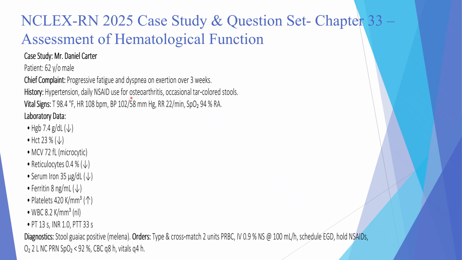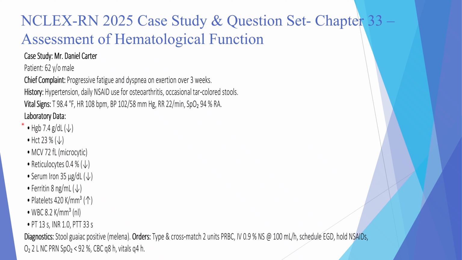This we don't know for sure, but 58 is kind of low, so a little bit of dehydration here. Respiration rate 22, okay. Oxygen saturation 94, so it's decreased a little bit.